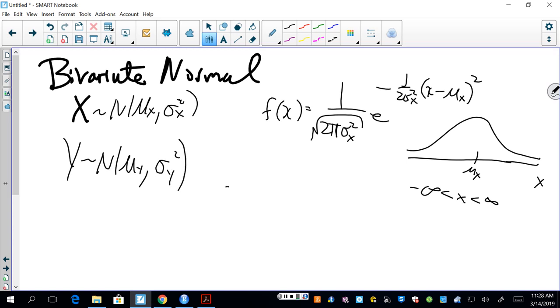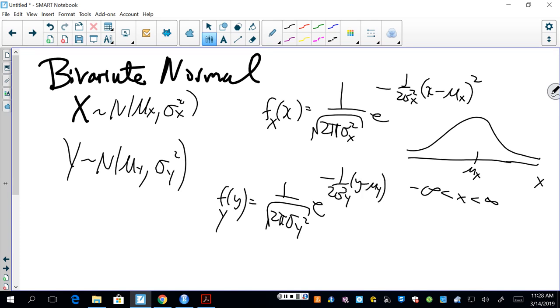Then its density has a comparable form, a little x there and a little y there. Could be another bell-shaped curve. It might be higher or lower, but it has its variance in there. And the values of y can go between negative infinity and positive infinity.